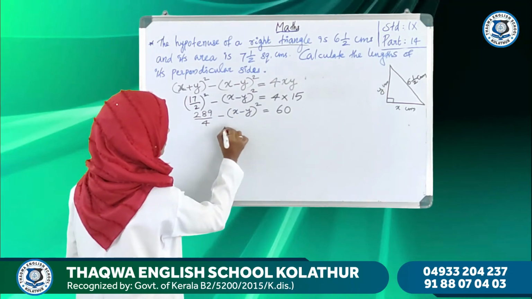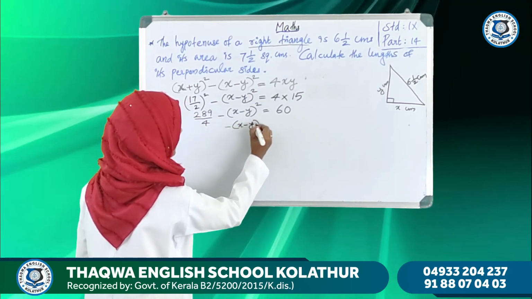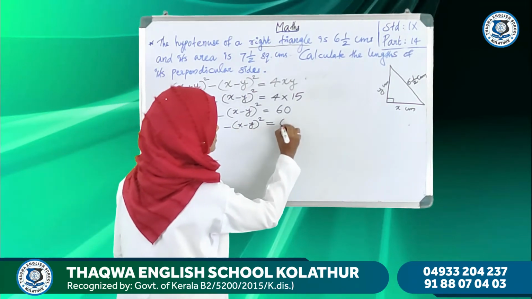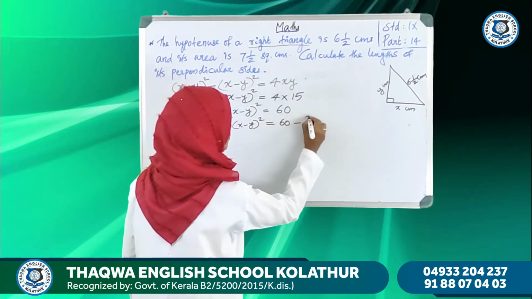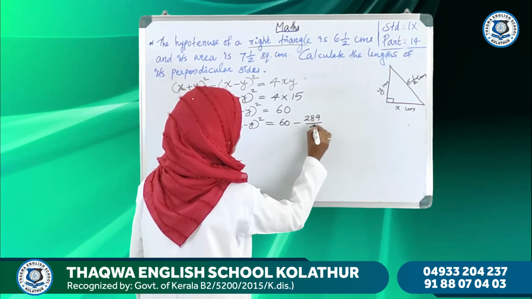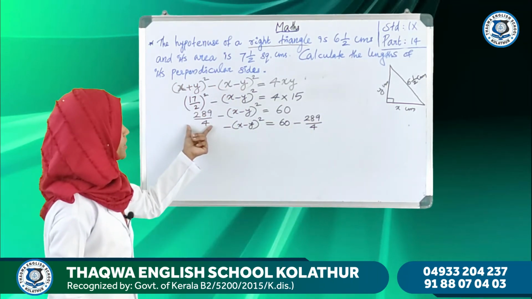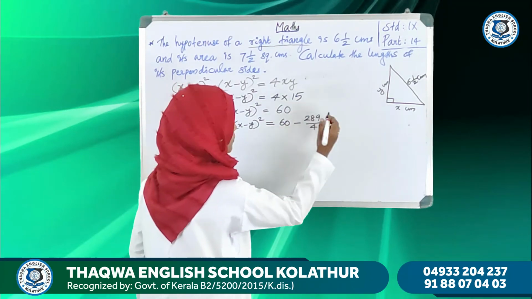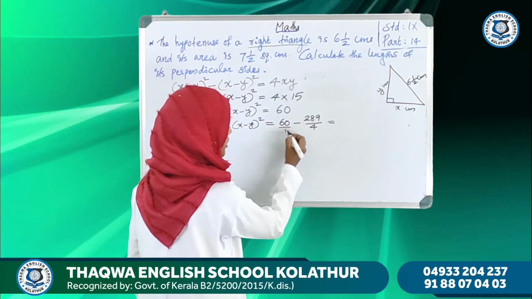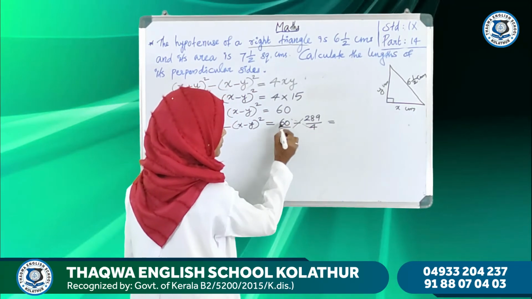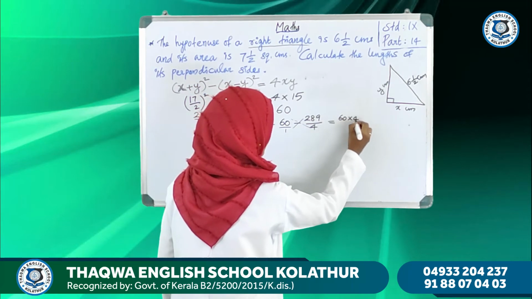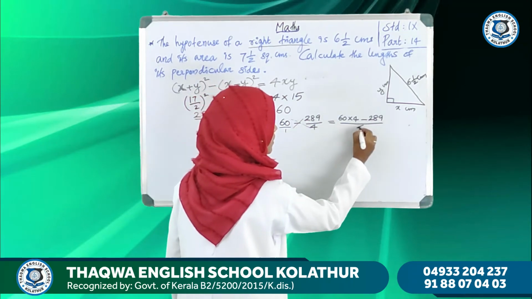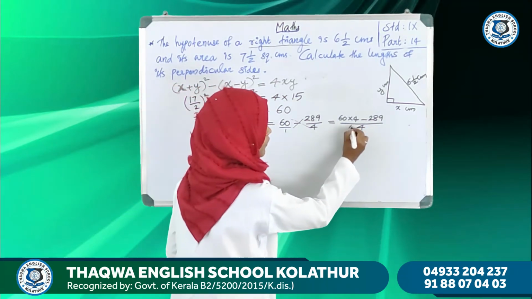That is minus x minus y whole square is 60 minus 289 by 4. Now here 60 by 1, just cross multiply, 60 into 4 minus 289 divided by 1 into 4.